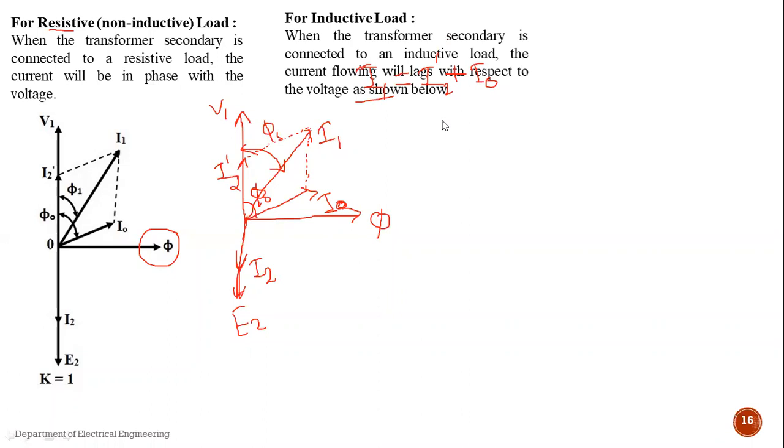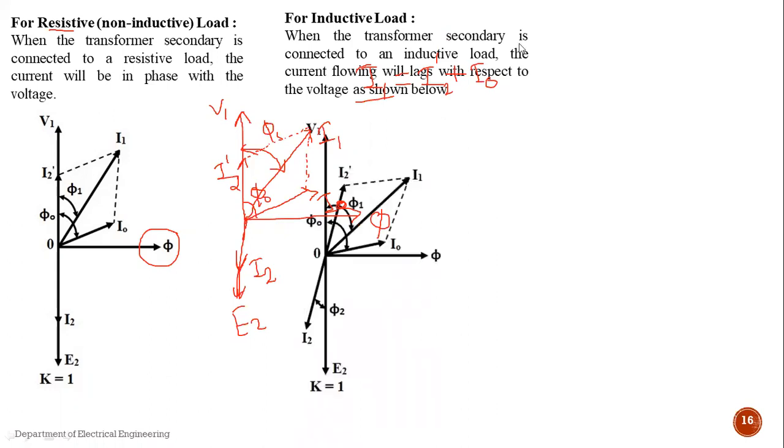Okay, so lagging angle, that means the secondary current I2 will lag behind E2 by some angle. So the phasor diagram for that, we will draw that phasor diagram. See, consider the reference phasor, that is flux, and E2 will lag behind phi by exactly 90 degree, that is E2. Again, the secondary current I2 will lag behind the secondary voltage E2 by some angle.